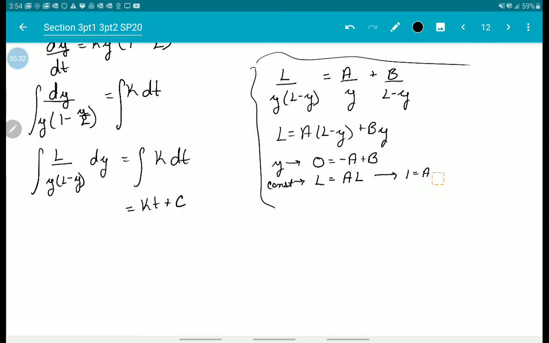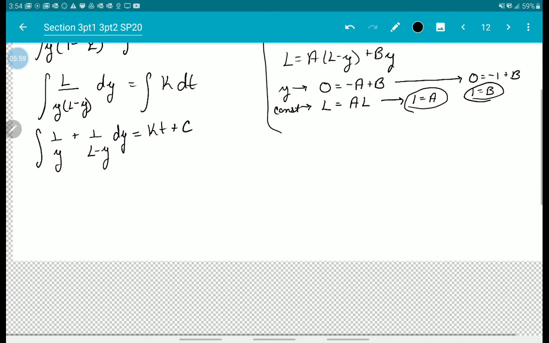And now that we know that a value, we can substitute in to find b. And we see that b is going to be 1 also. So that left-hand side we could write as 1 over y plus 1 over L minus y.